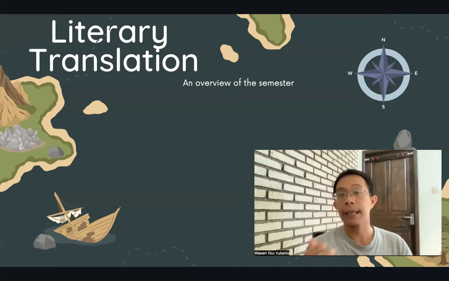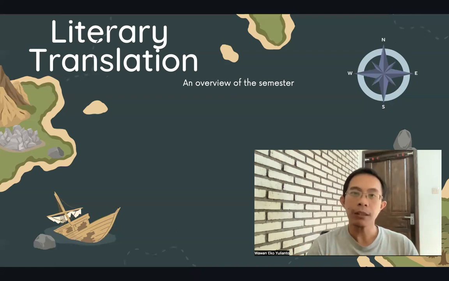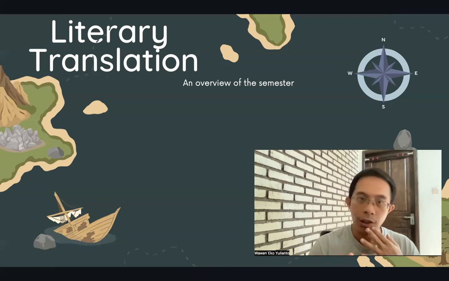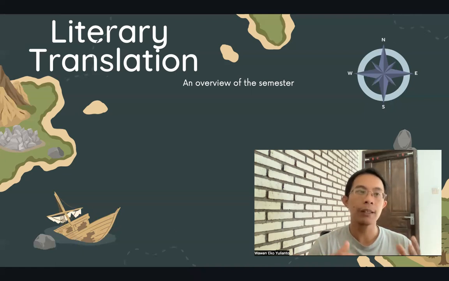social sciences text. In literary translation, however, it's a slightly different thing. Literary translation is a project of translating literature, aesthetic works. Aesthetic works is a work that is useful in its own.